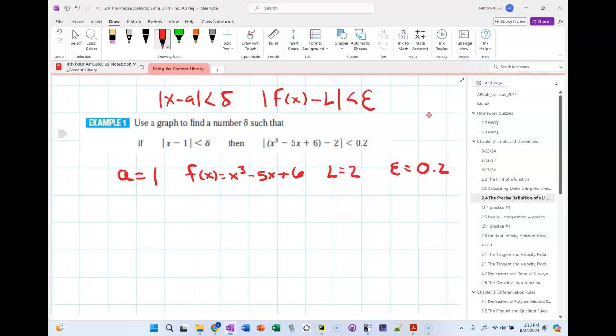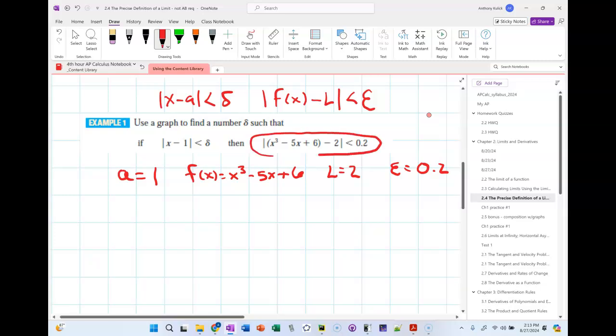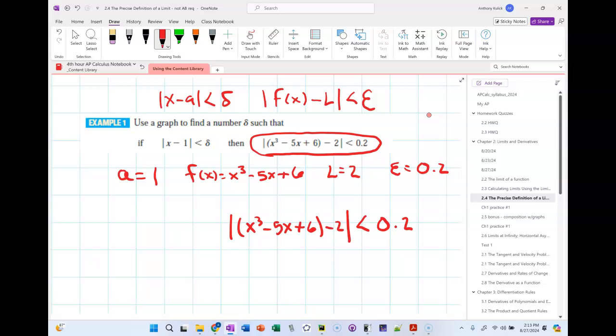So what I'm going to do next is take a look at this and rewrite it without the absolute value. What happens to this inequality if I try to clear the absolute value? How do I rewrite the same inequality without the absolute value?